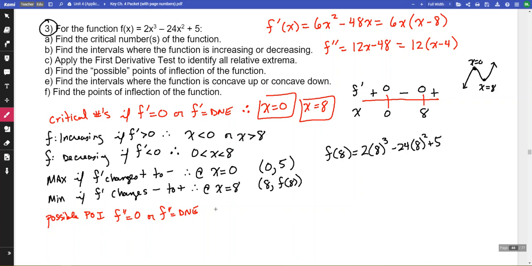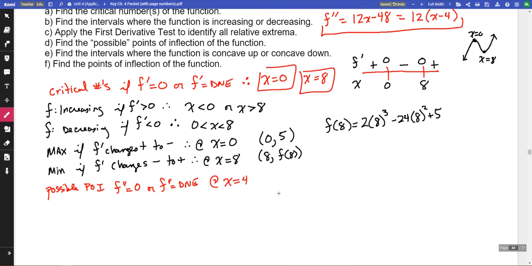Well, for our situation here, that's going to be at x is equal to 4, because we have seen what our second derivative is. Then where am I concave up or concave down? I can do a sign analysis for this as well. So sign analysis, if x is 4, what is my second derivative? The second derivative is 0. If I'm at a number to the left of 4, for example 3, my second derivative is negative.